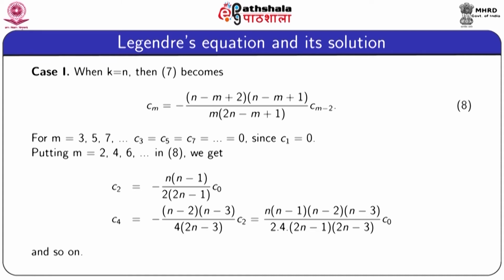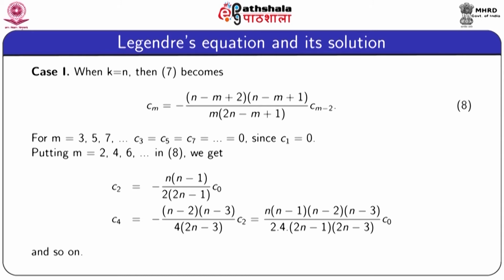If you continue like this, if I put m equal to 5 now, then this becomes C5, here it is going to be some number, and then C5 minus 2, which is C3, and it becomes 0, because already you have calculated that C3 equal to 0. So, C3, C5, C7, all the odd coefficients up to C2n plus 1, are all coming to be 0, since your C1 is 0.